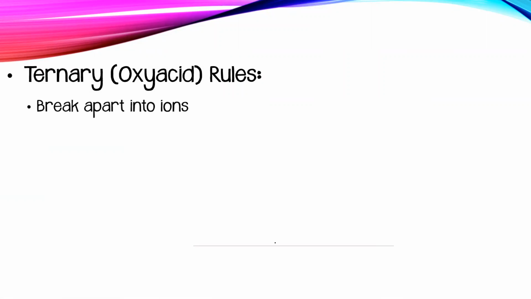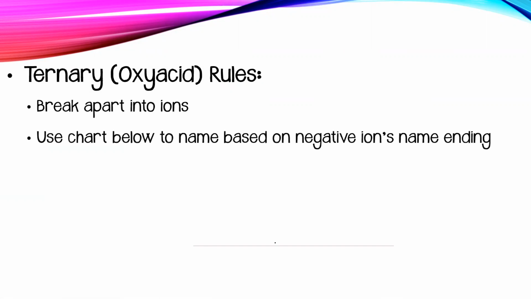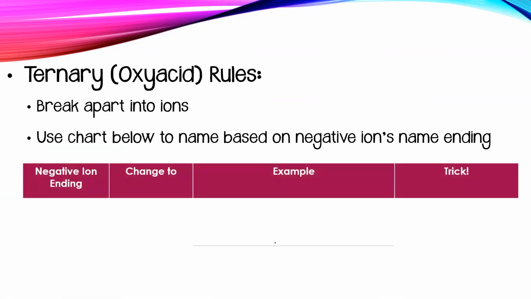So the rules: first off, break it apart into its ions, and then use the chart below to name the negative ions. So if you have an ion ending in ATE, or should I say a radical, you change it to IC. So for example, HNO3, so we have hydrogen, and then we have NO3, so that's what's saying break it apart into its ions.